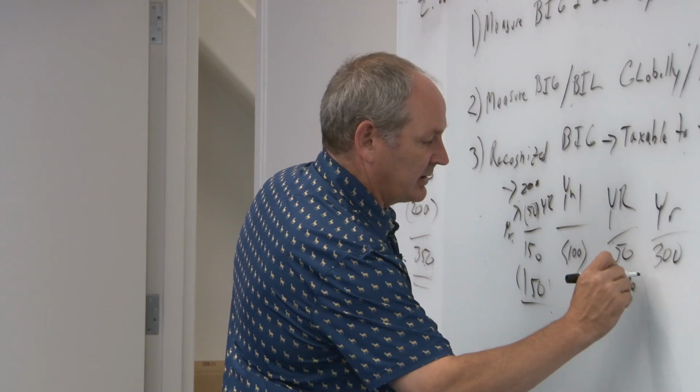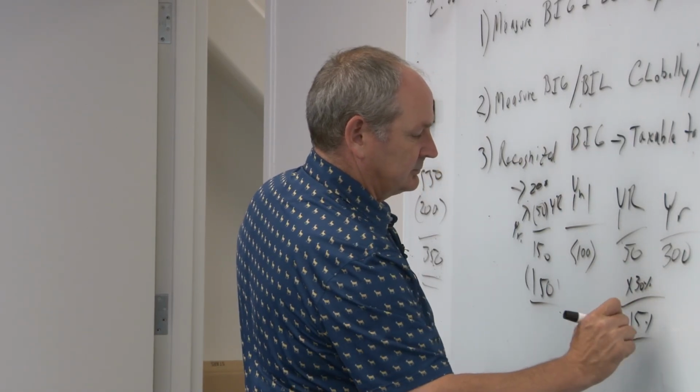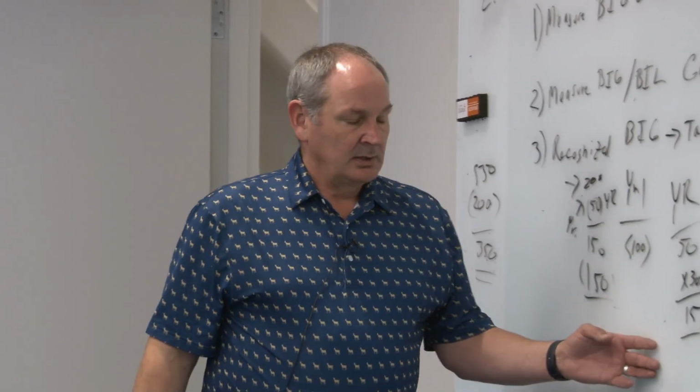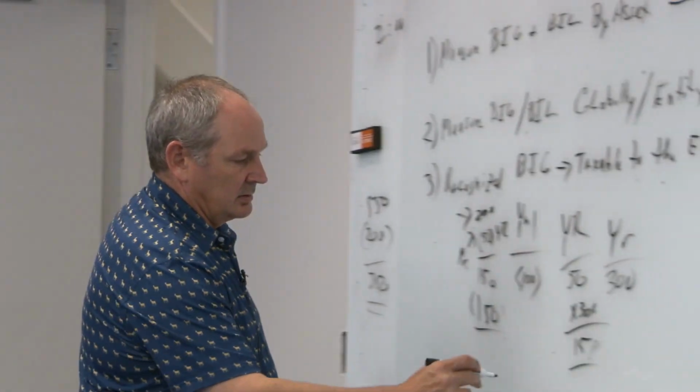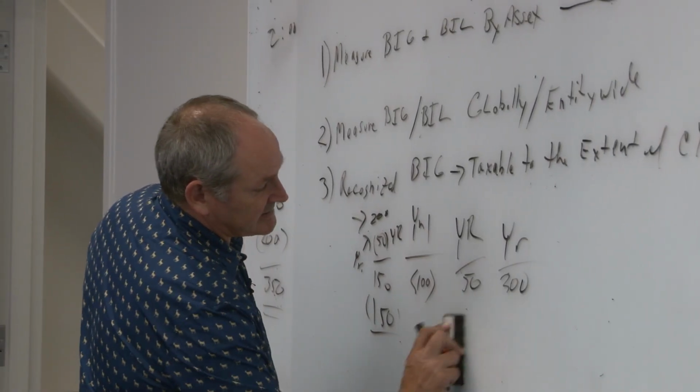The entity, and I'll use a 30% tax rate, has to pay 30%, which is $15. Okay? So the entity now has to pay $15 to the IRS. That $15 that gets paid to the IRS. Remember that tax calc.